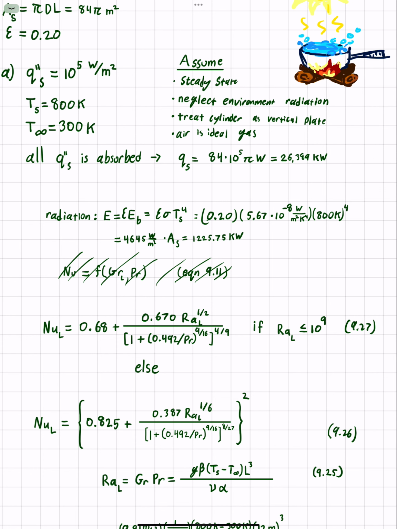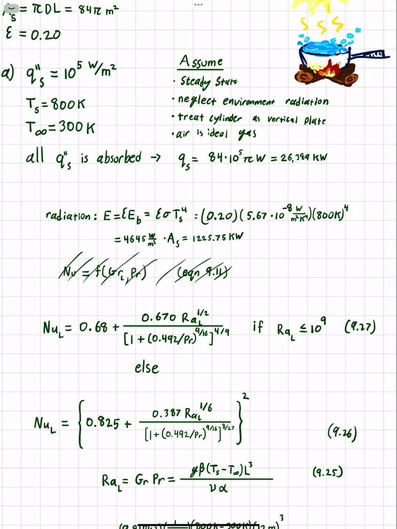From this, we find that per meter squared, there's 4,645 watts lost. We multiply this by the surface area of the receiver, and we are losing 1,225.75 kilowatts to radiation to the environment.